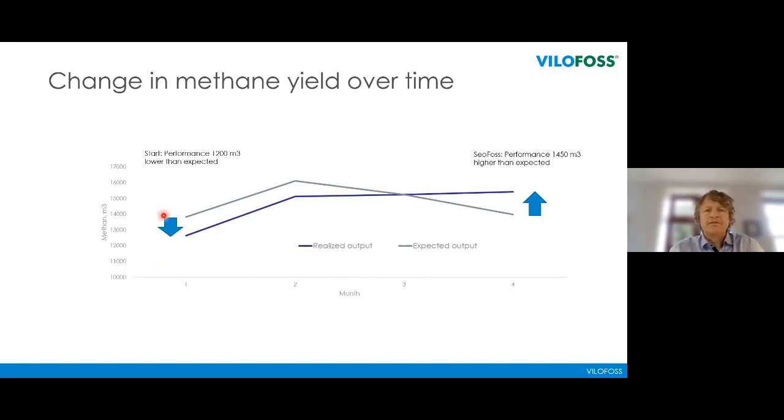So we can see here in the very start of the experiment, we actually have a lower performance of this plant. So we had 1,200 cubic meter less methane than we expected. But after using the Seofoss for the 4 months, we were able to change it to the opposite. So now we were actually performing a higher methane production compared to the expected values.